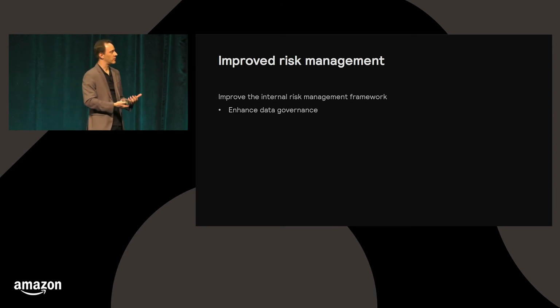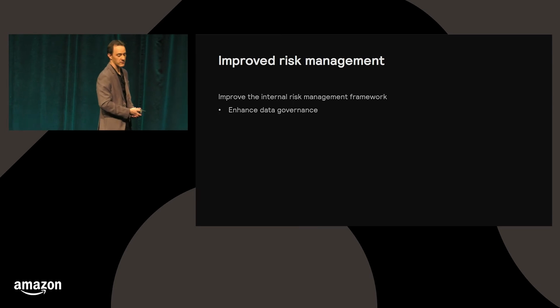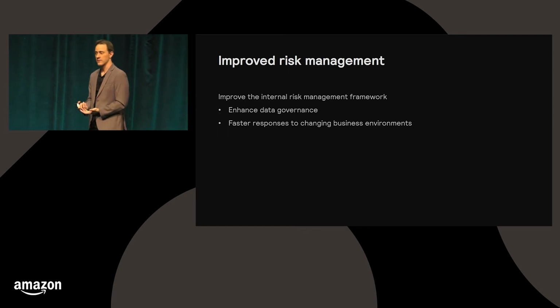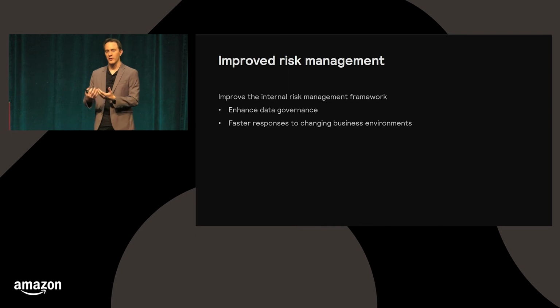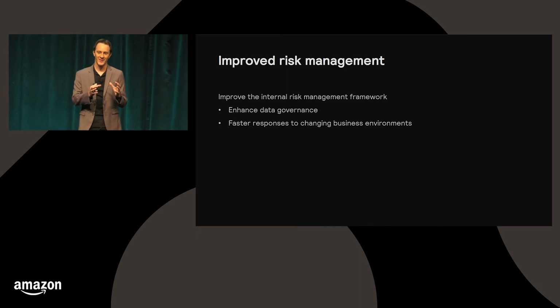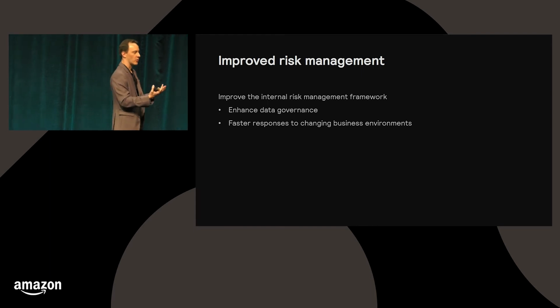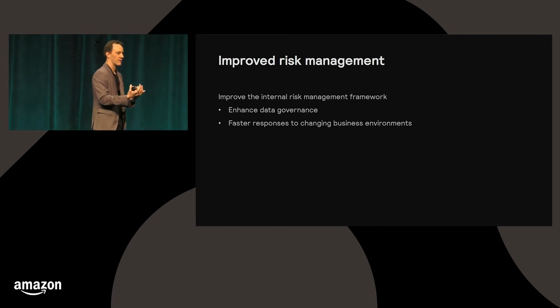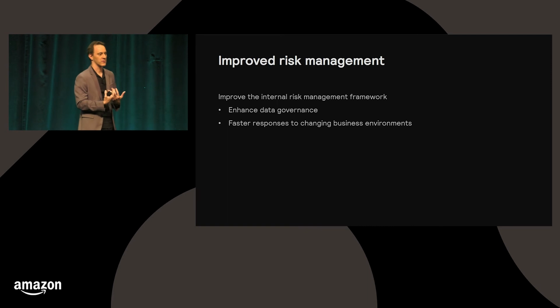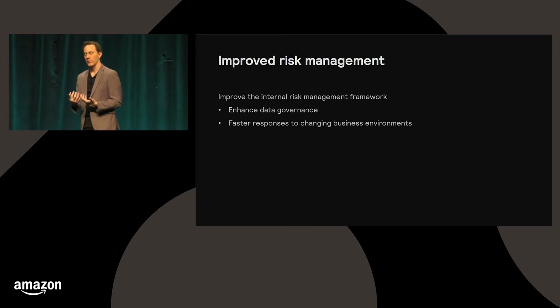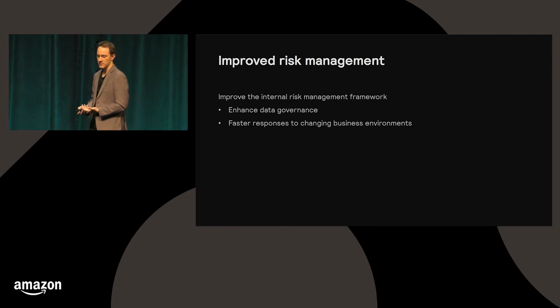So first of all, we could enhance data governance and respond faster to changes in the business environment. So we're talking here about implementing lots of different controls, but in a more automated way. So the risk teams within financial institutions won't be seen as a blocker, but actually respond faster to the needs of the business.